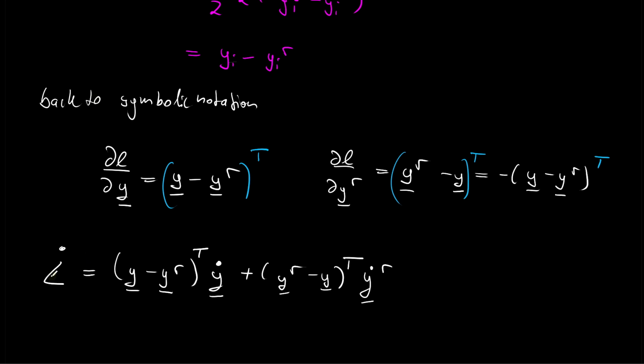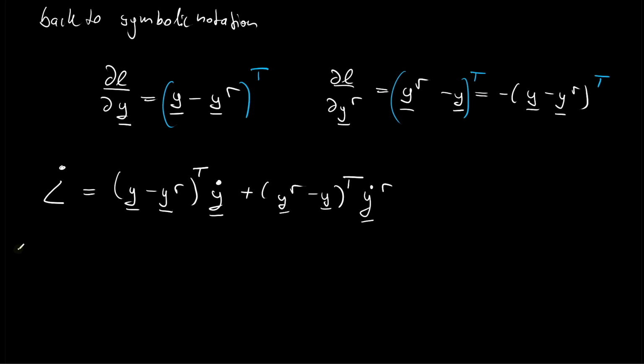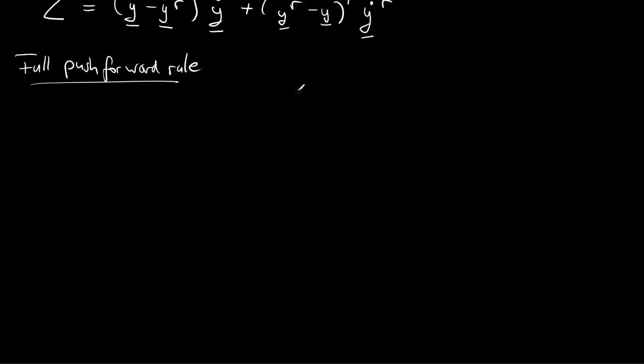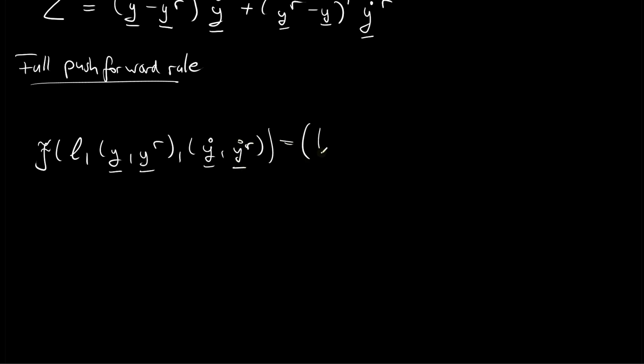And now with the closed form expression for the tangent on the loss found, we can write down the full push forward rule. And this means we can forward propagate tangent information on the loss computation given primal inputs y and y reference, as well as tangent inputs y dot and y reference dot, in that we first compute the primal, which is 1/2 times y minus yr in brackets, or the L2 norm squared.